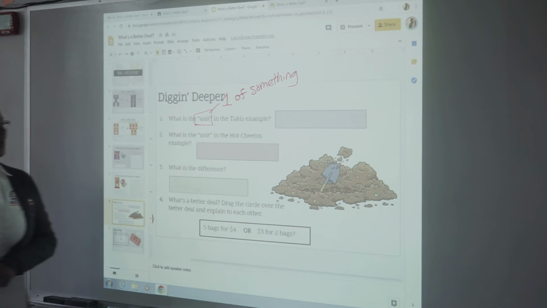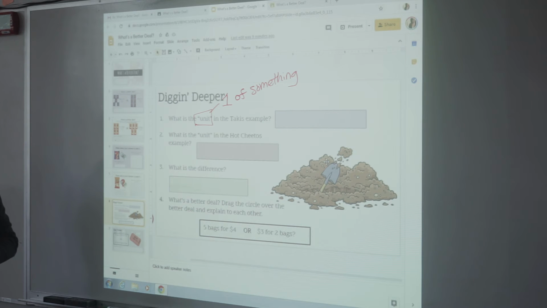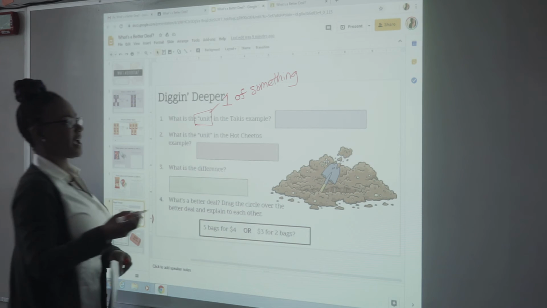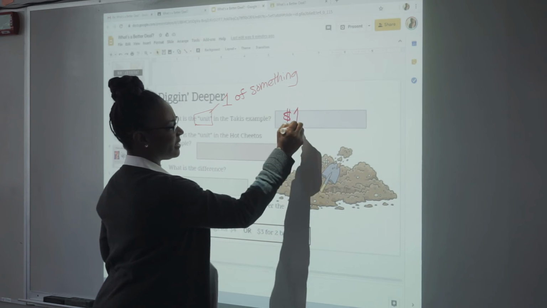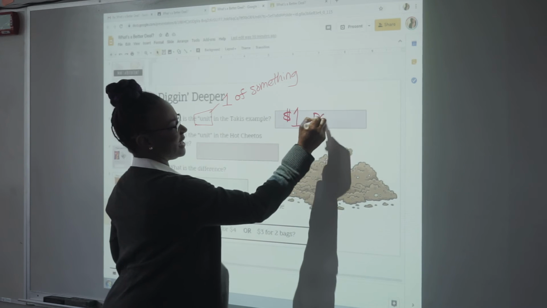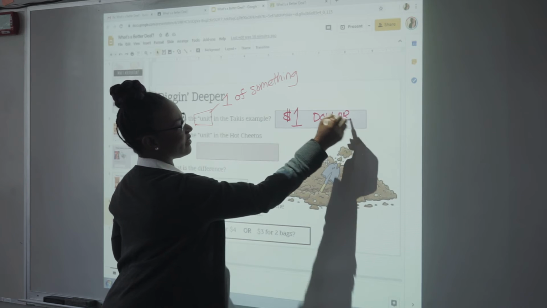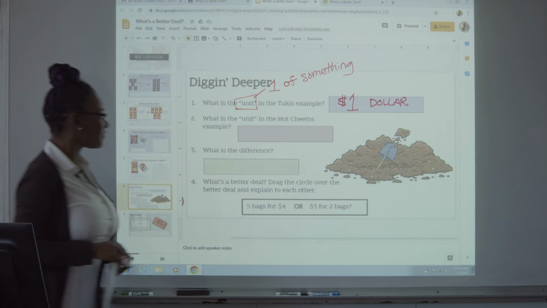And so in our examples for the Takis, what was the one thing that we were looking for? We were trying to figure out how many could we get for $1. So in this case, the dollar is our unit.